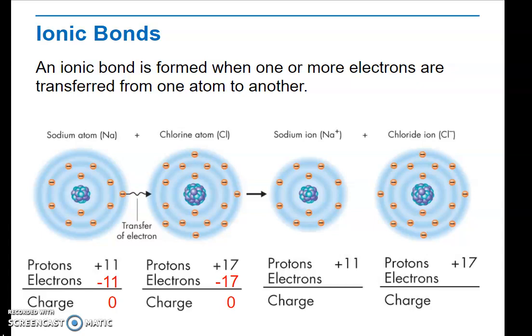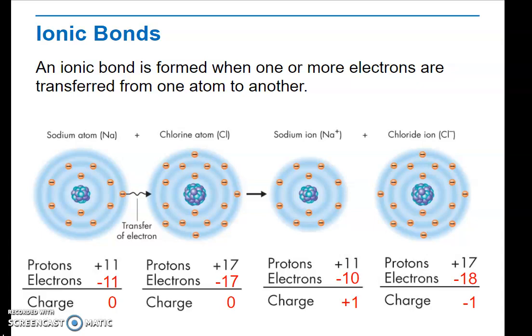If we look at the diagram on the right, sodium now has 10 electrons and its overall charge is +1. And chlorine now has 18 electrons and its charge is -1. So when positive and negative charges attract, the atoms form an ionic bond.